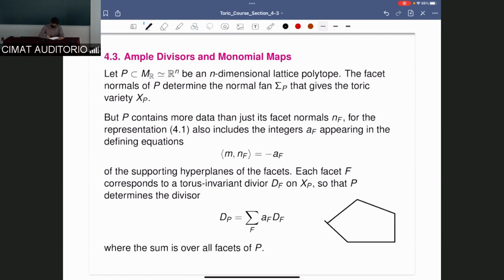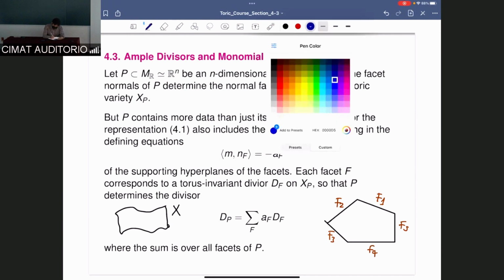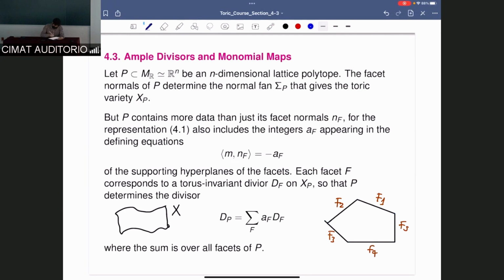We have one like this. So in our toric variety, say that here we have 5 facets: F1, F2, F3, F4, and F5. Each one of those corresponds, say that I have the variety, I'm going to draw it like this, a cartoon, say that you have X, and out of each of those facets Fi, we get some divisors.